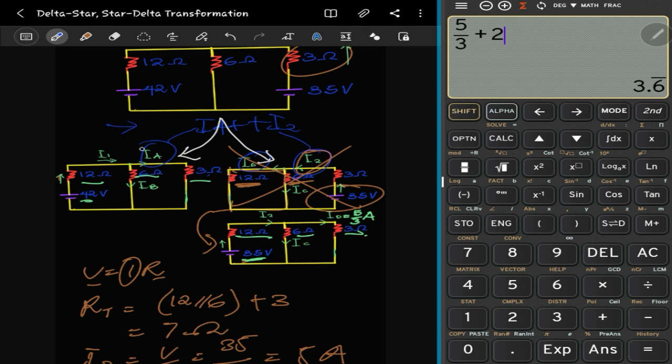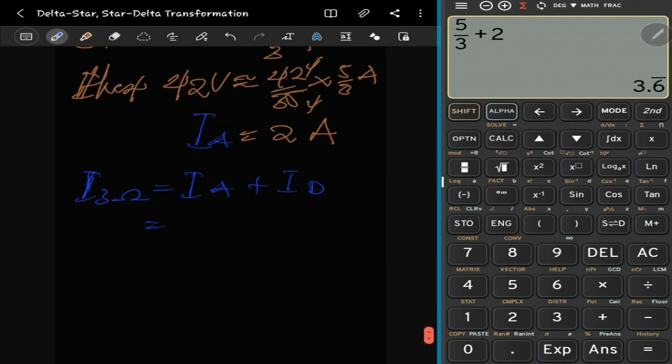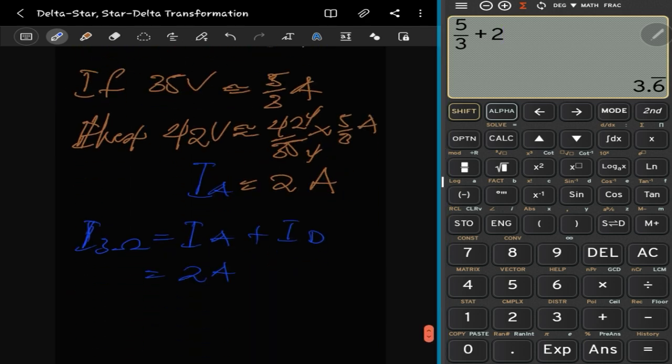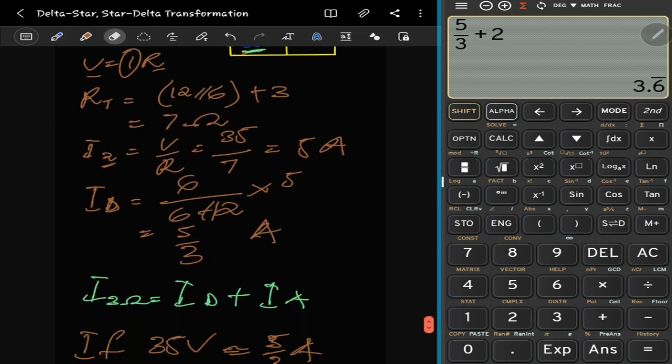Let's say we choose to keep this to be positive. So IA is 2 amperes, so that's positive 2. Where's ID? Oh, it's actually I2, this I2.